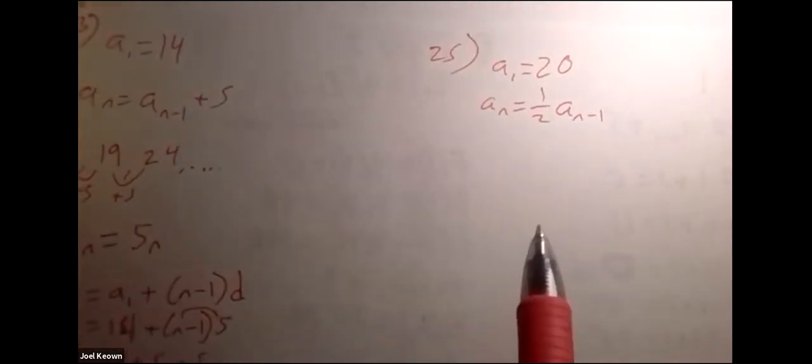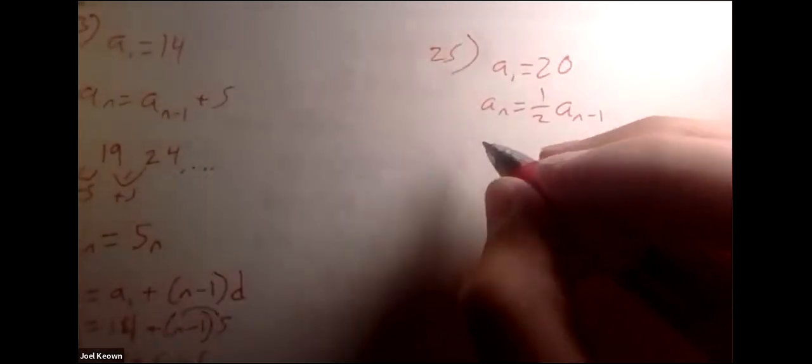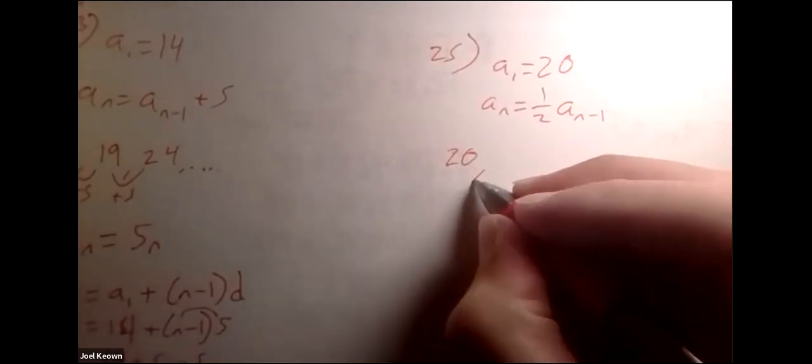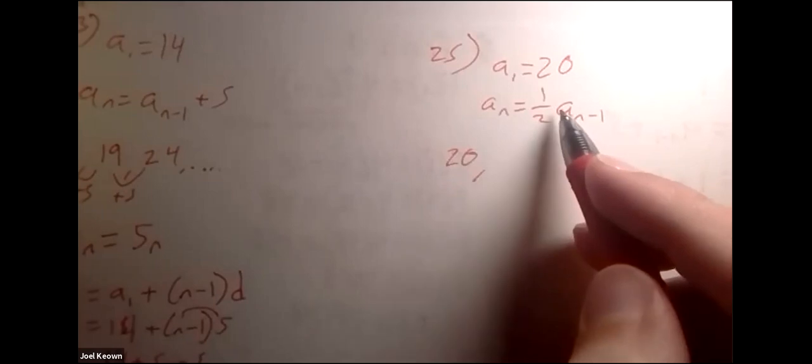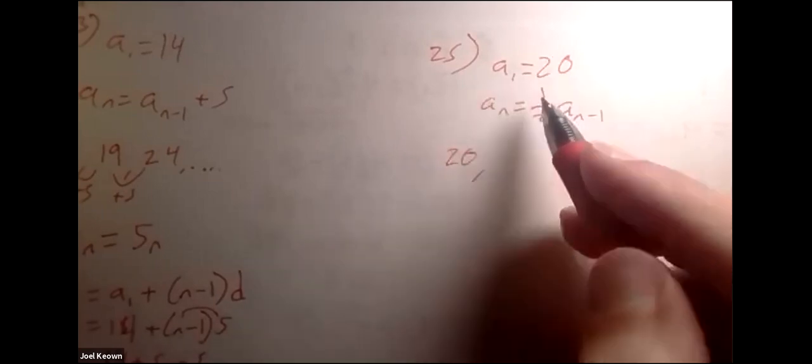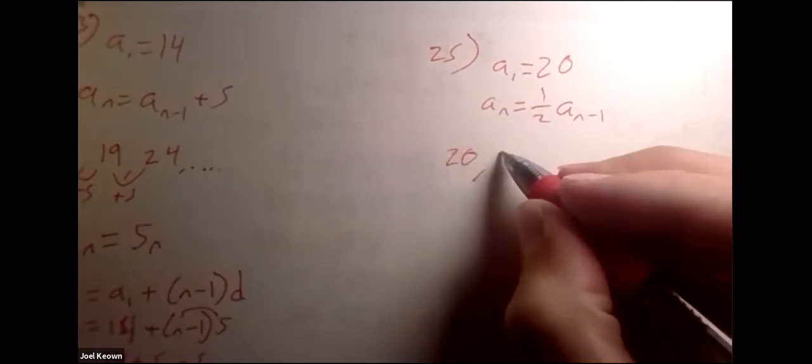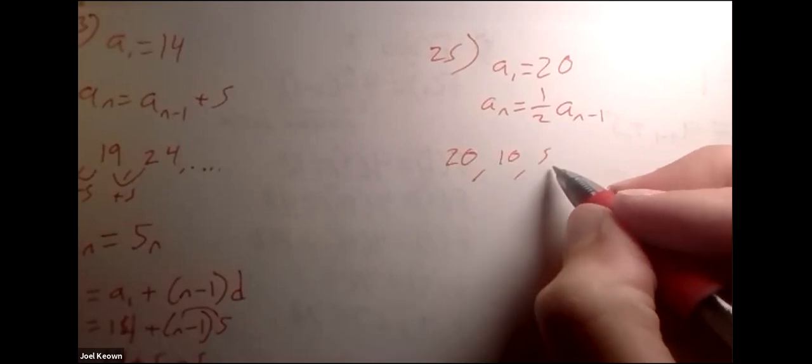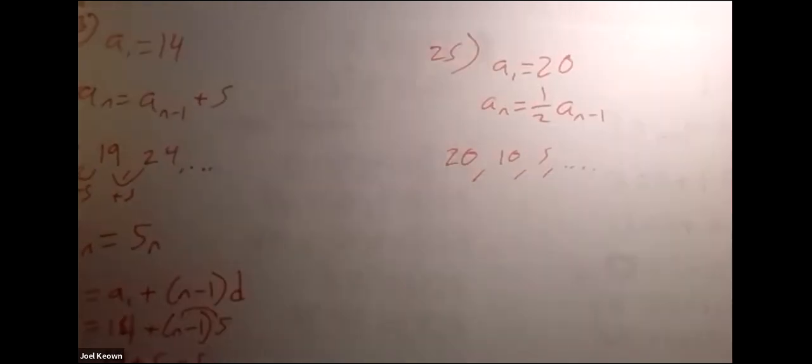What about 25? I have my a sub 1, that's my first term. What's my next term? Well, I keep dividing the next number by half or multiplying by 1/2. So the next one would be 10, 5, and so on. Okay?